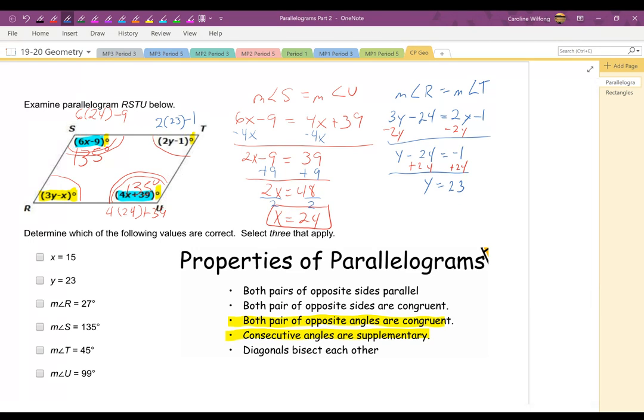And that will give me 45 degrees. I can do the same thing with angle R, and when I substitute in 3 times 23 minus 24, I also get 45 degrees.